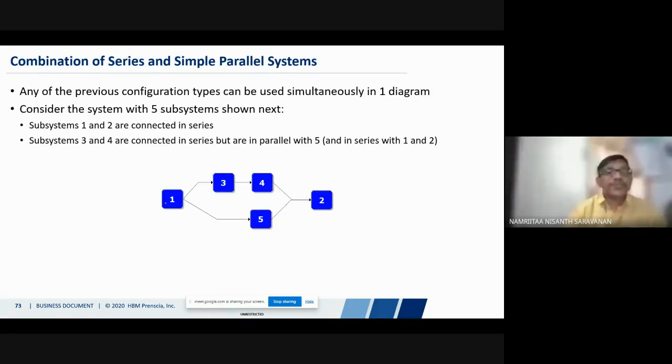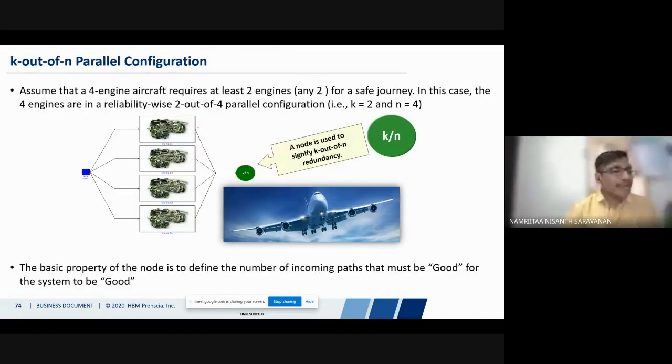Sometimes there is a combination of series and parallel, depending upon the complexity of the equipment. And K out of N combination is something like in an aircraft. So you will see a combination like that, a K out of N situation.